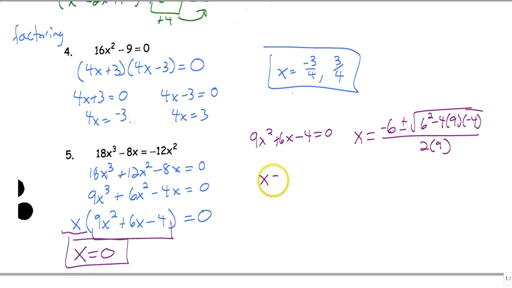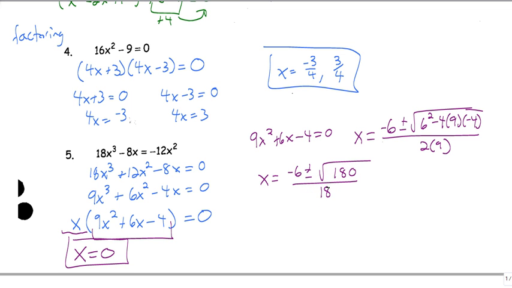So we get x is equal to negative 6 plus or minus the square root of 36 plus another 36 times 4. So that should equal 180, square root of 180, all over 18.